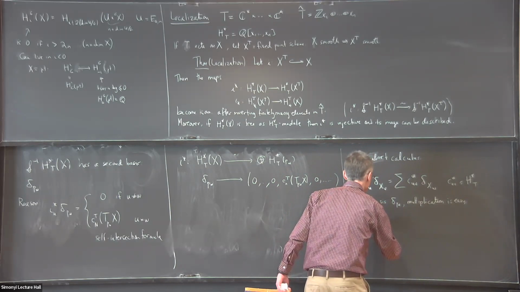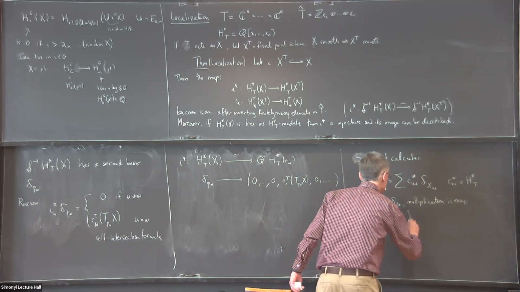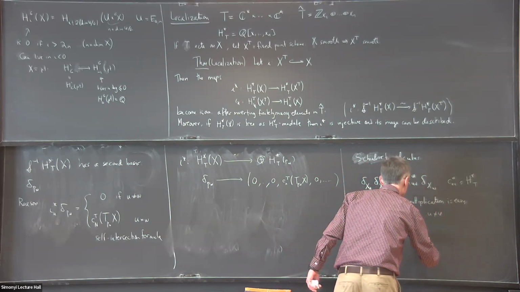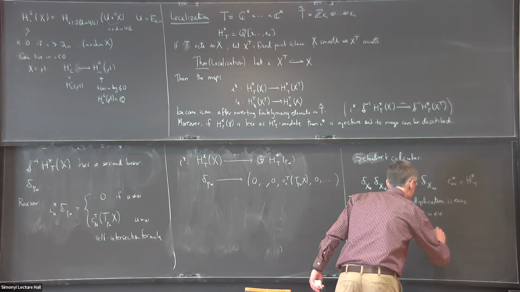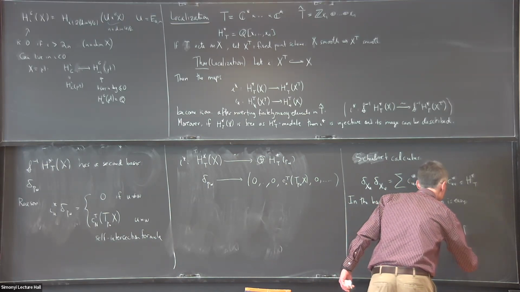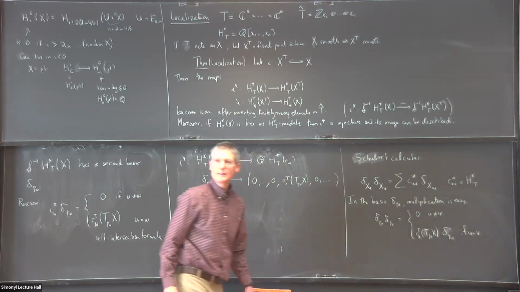If I do delta PU, delta PV, that's zero if U is not equal to V, and it's equal to C top, Cn, T of T PW X times delta PU if U equals V. So the multiplication in this basis is very easy.